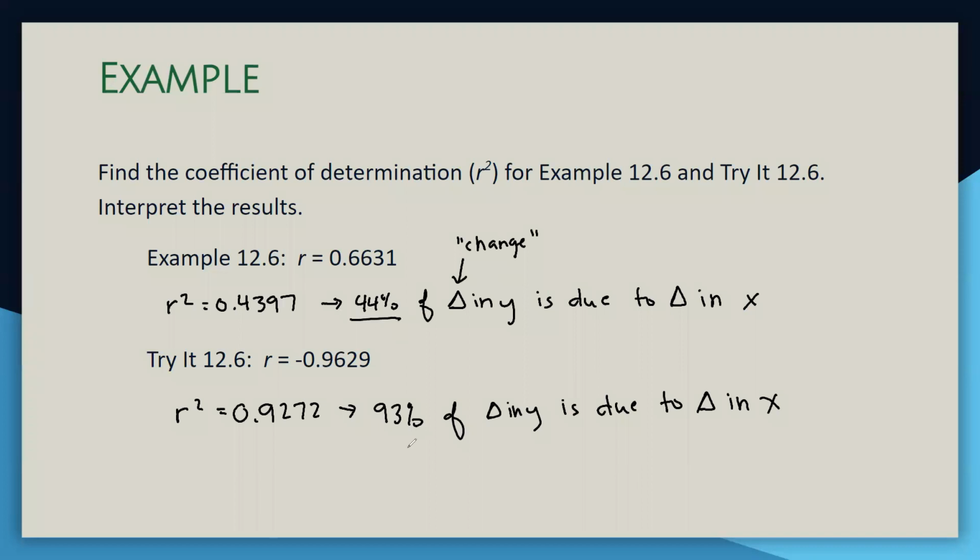So this allows us to see how that change in X is affecting the change in Y. The bigger that R squared value, the more responsible X is for changes in Y.